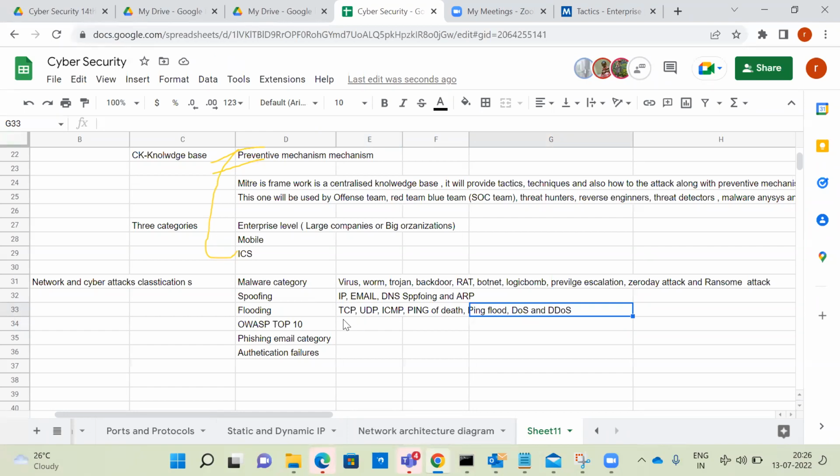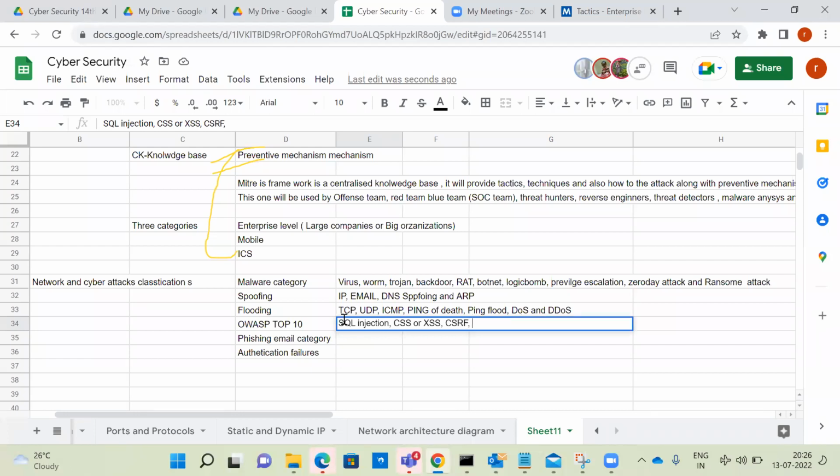Okay, next one, OWASP top 10. It's one of the very popular frameworks, dedicated to application layer attacks. The Open Web Application Security Project is the full form. Under this one, we have injection attacks, SQL injection, cross-site scripting, CSS or XSS, CSRF attack.